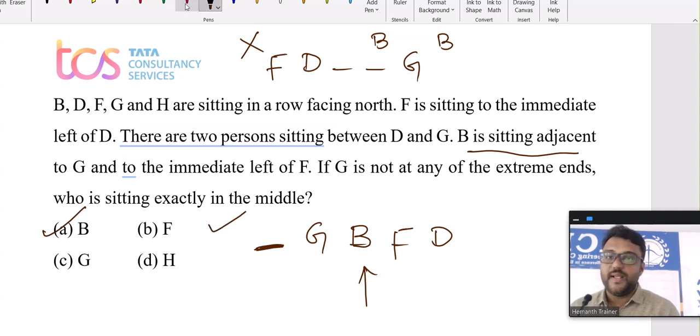So always, when they say two people between D and G, write both possibilities: D, 2 blanks, G or G, 2 blanks, D, both are possible. Okay, so option A. Clear? Shall I proceed for the next one?